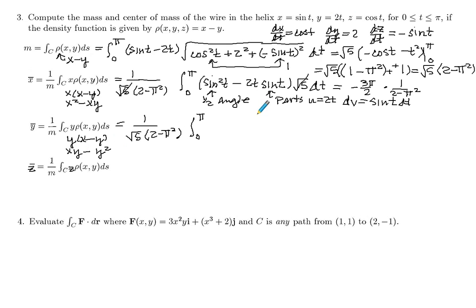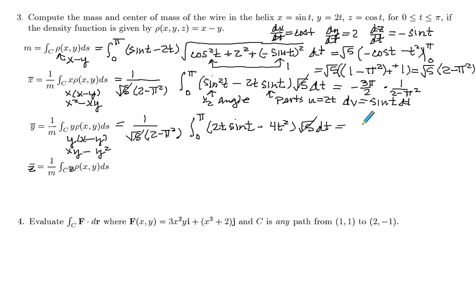So xy is 2t sine t. And then we're subtracting y squared, so 2t times 2t is going to be 4t squared. And then ds is root 5 dt. So this root 5 again cancels. This integration is parts, and then this one is just a power rule.